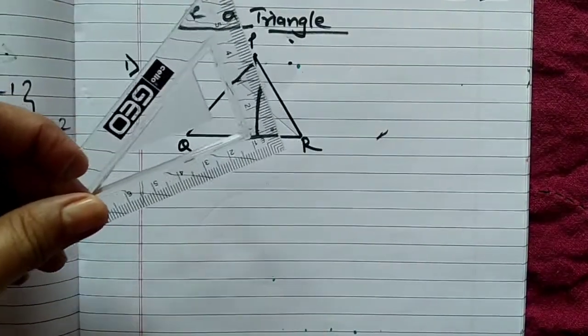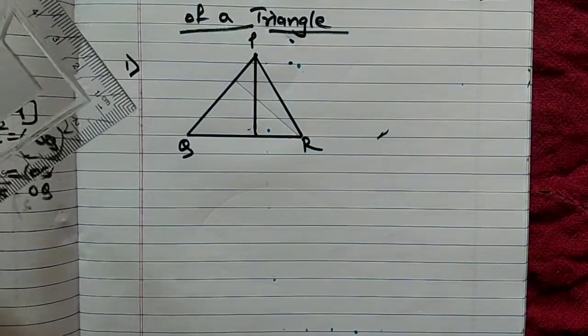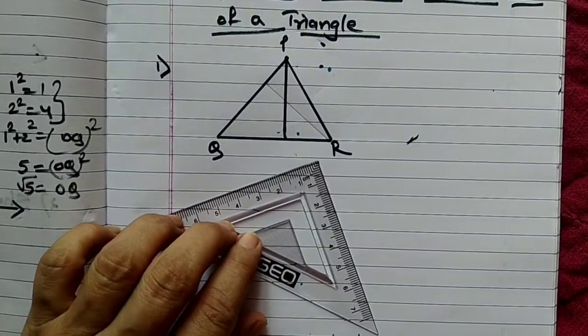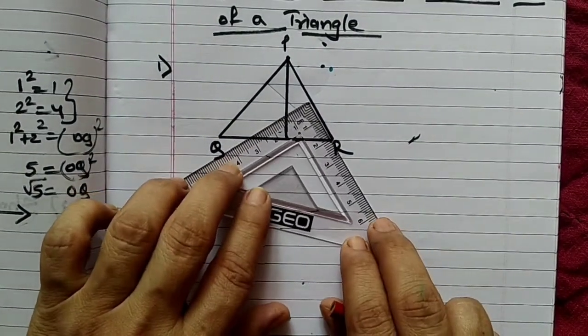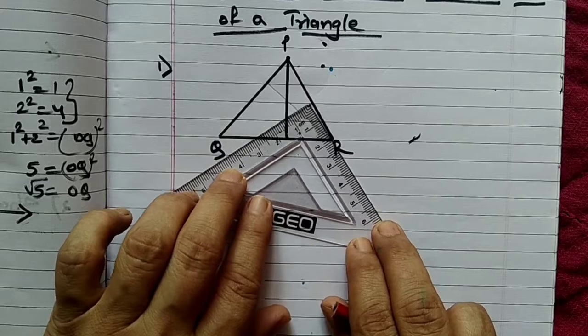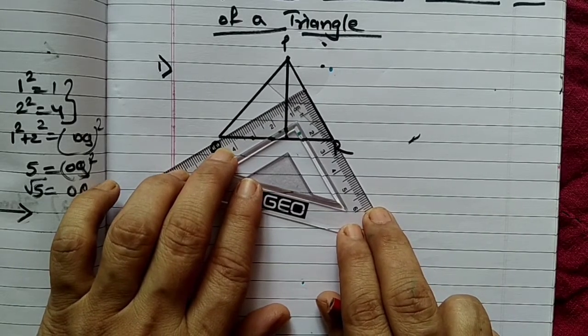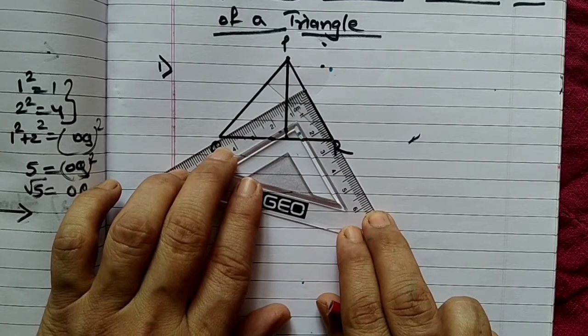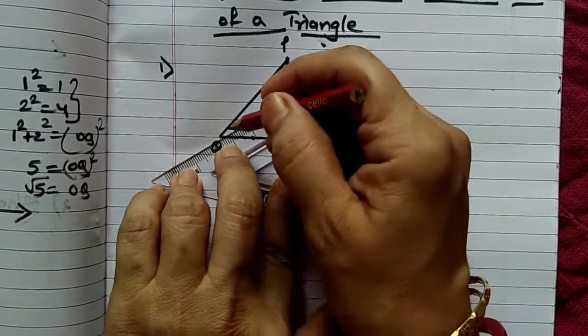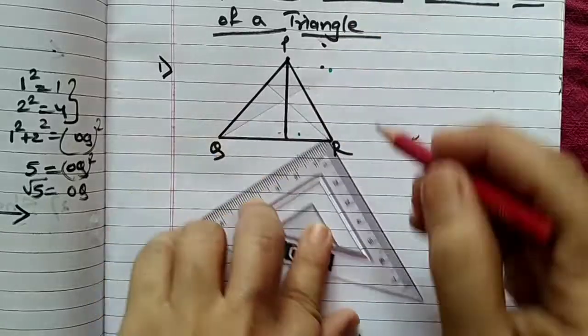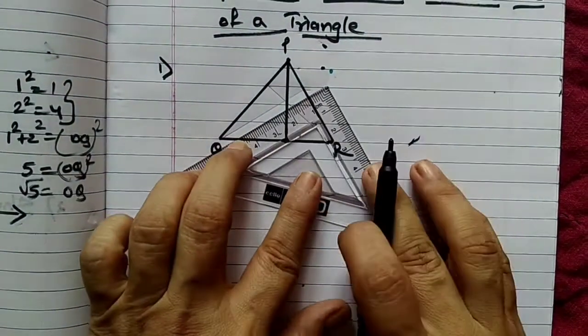I'll take the other set square. So I'll take this set square, small one. Now I have to slide from this side till I come to the point. So you can see that.